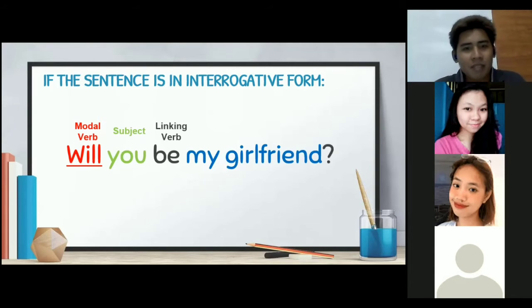Always remember, class, that in constructing a sentence with a modal verb, in some cases, a modal verb is always accompanied by a linking verb. I will discuss another case that occurs in structuring sentences using modal verbs.